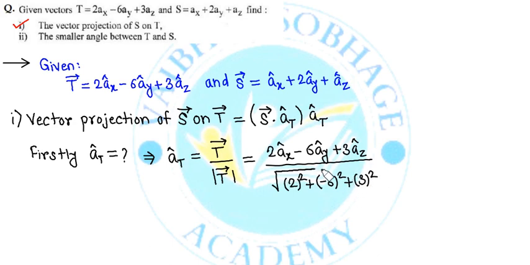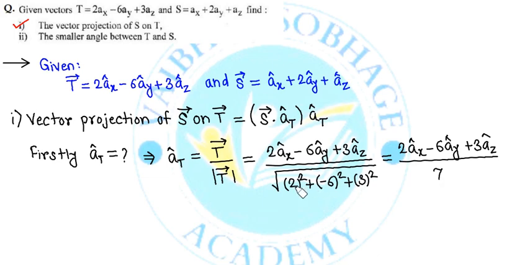We keep the numerator as it is, 2ax cap minus 6ay cap plus 3az cap, and if you simplify the square root in the denominator, you will find that value to be 7. So this is the unit vector along T.